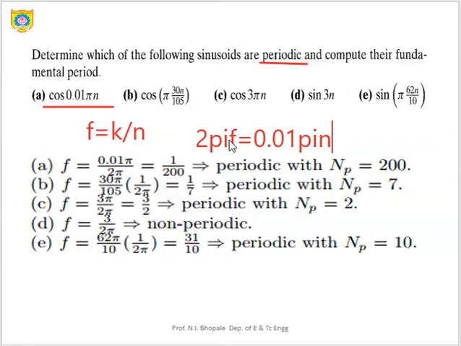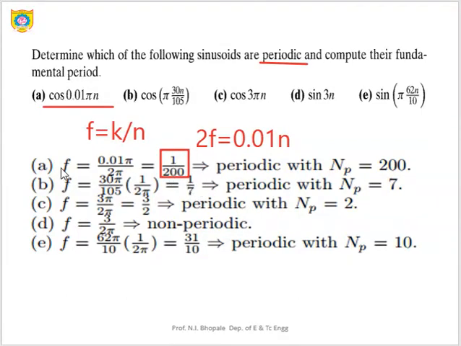Here pi will be cancelled, and what remains is f equal to 0.01 n by 2. After solving it, it will be nothing but 1 upon 200.